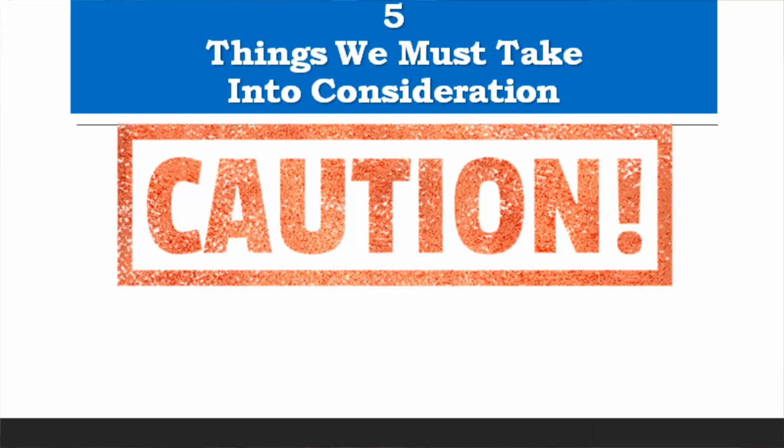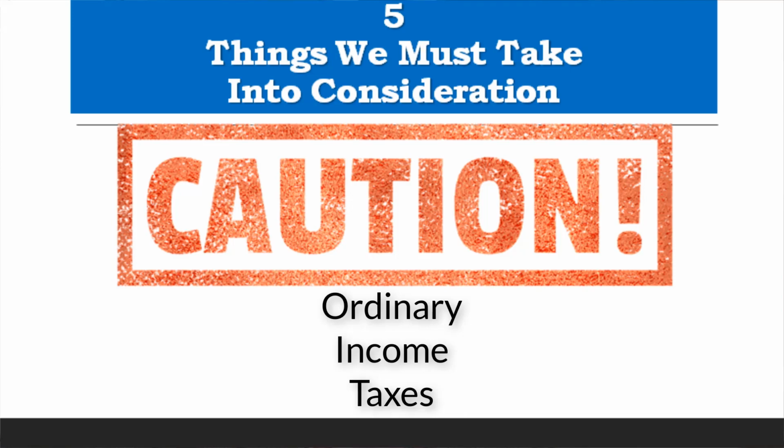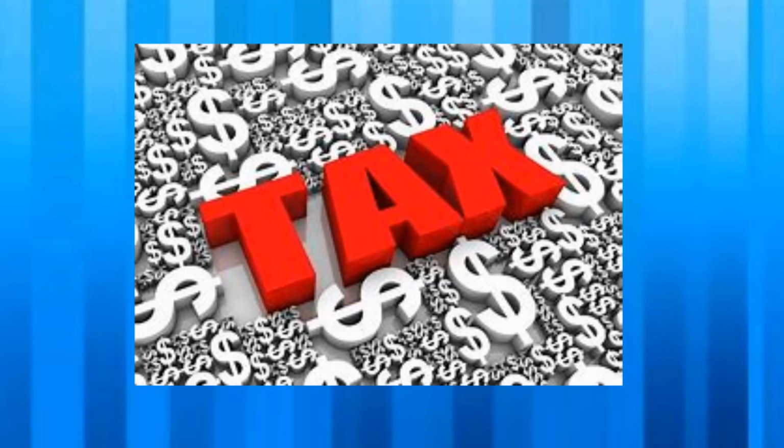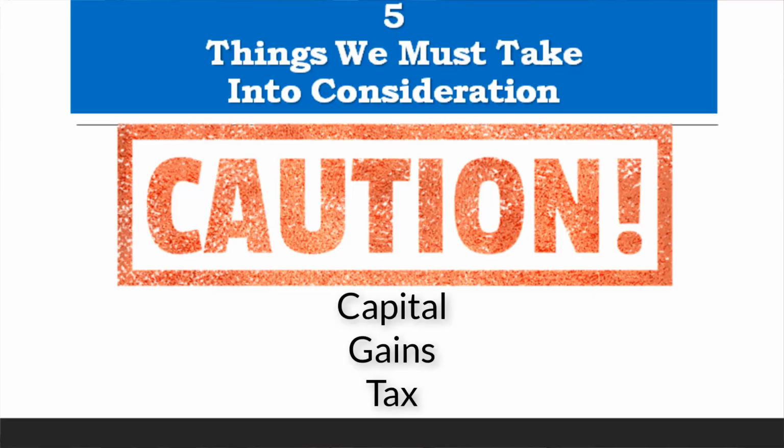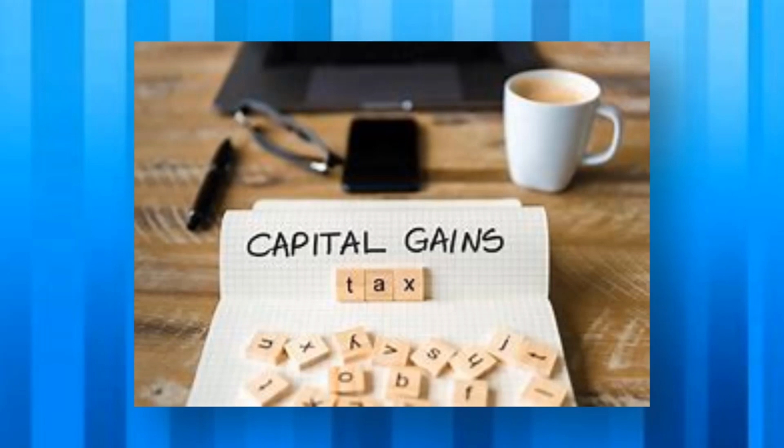First, we have to take ordinary income tax into consideration. In order to use the proceeds of an IRA or a company retirement account, we have to liquidate that account, and in doing so, we pay an ordinary income tax. Ordinary income tax in today's world is about 35%. Second, we haven't taken capital gains taxes into consideration. Upon selling the business or the business real estate, we have to pay a capital gains tax.